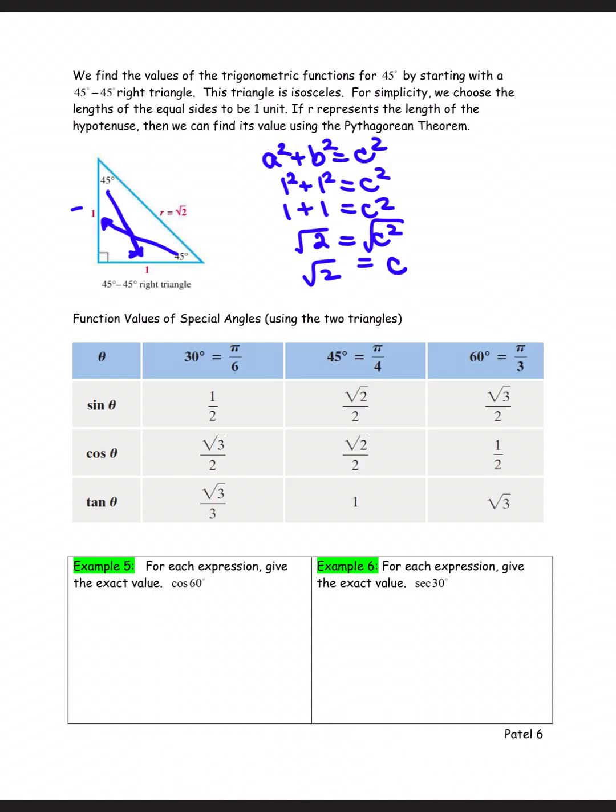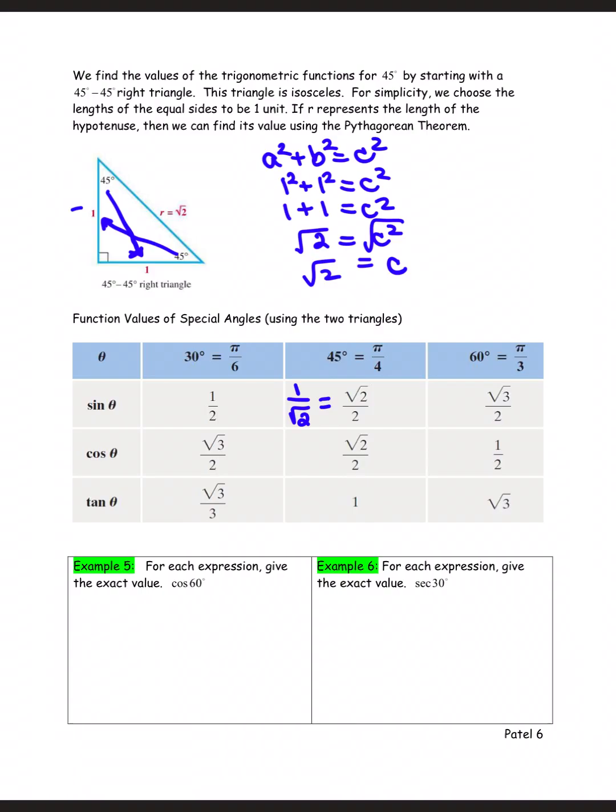Once again, we can do the 45 since I have the triangle here first. Sine of 45 degrees is going to be opposite, which is 1 over square root of 2. To rationalize that, we multiply by square root of 2, and we get square root of 2 over 2.